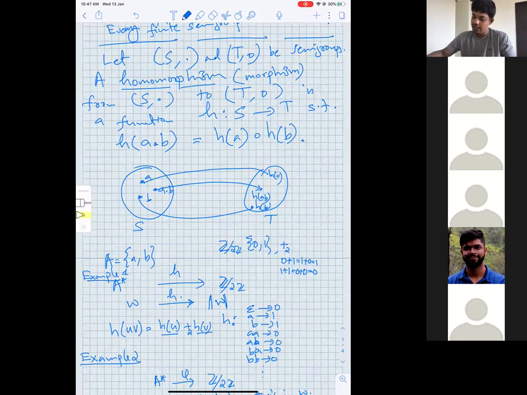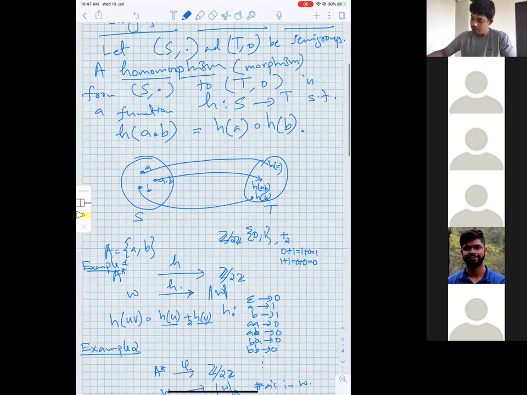But usually we explicitly don't notate the semigroup operation. We'll just say S is a semigroup or T is a semigroup, and you will just write h of a b equals h of a times h of b. You will be dealing with semigroups all the time, and you don't want to write a different symbol for each of them. You know that there is some implicit operation there, and that it is happening in T.